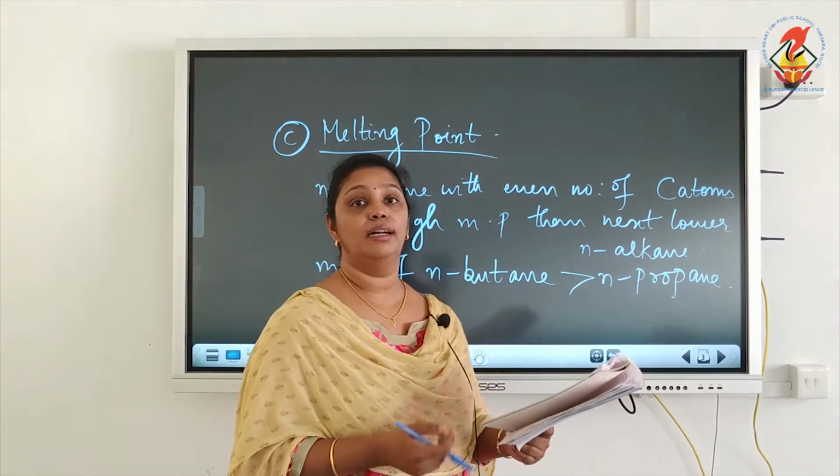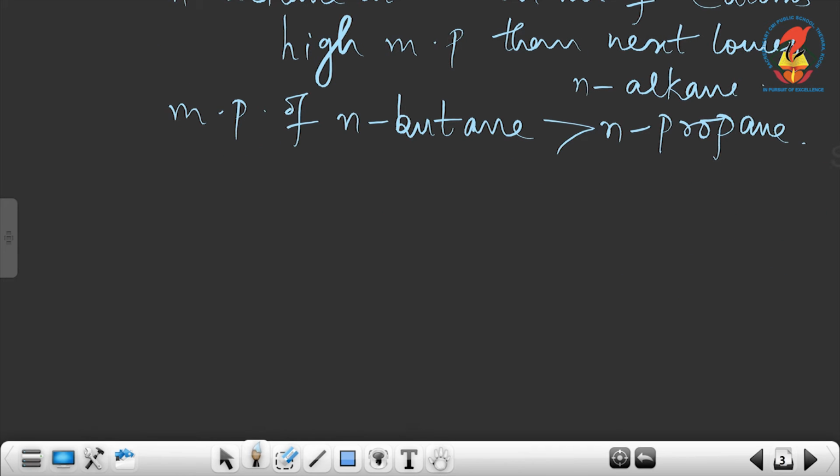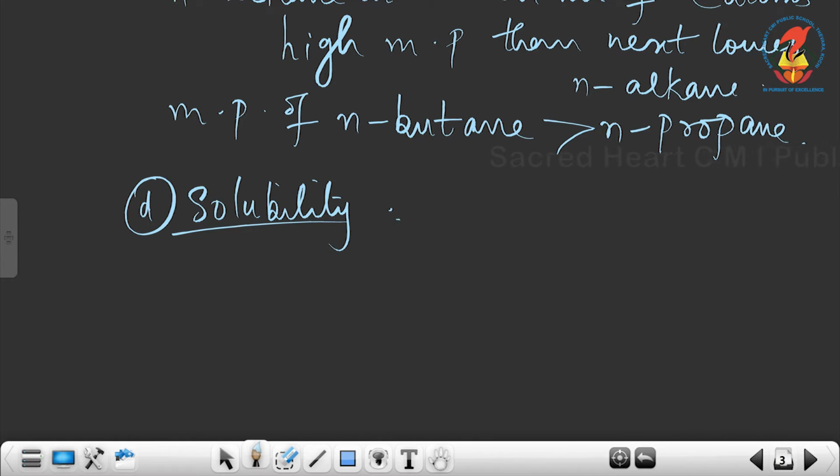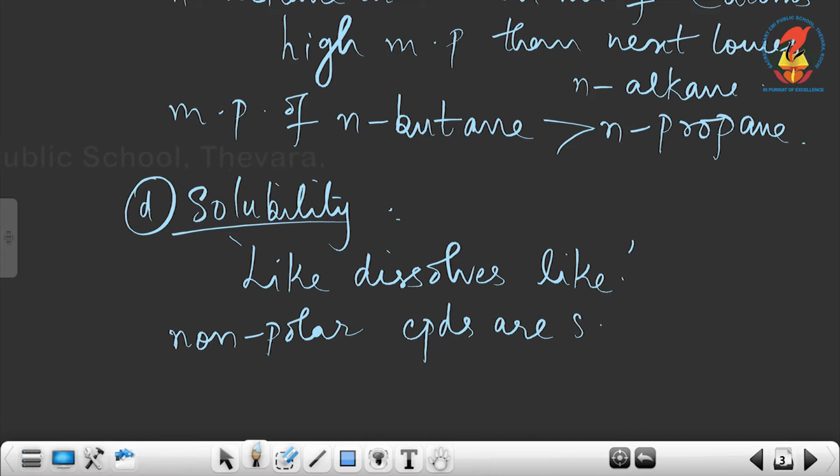Now, the next physical property is solubility. There is a general rule of solubility: like dissolves like. Non-polar compounds are soluble in non-polar solvents.